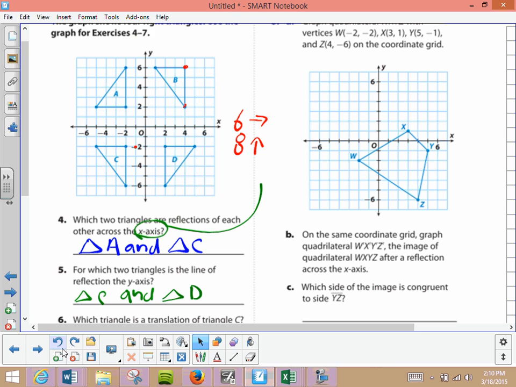One kid said, Denise actually, Gutierrez, not Servin, she said, well, I can say that they're all congruent because A is a reflection of C. D is a reflection of C. And B is a translation of C. If A is a reflection of C, then that means A and C are exactly the same, right?